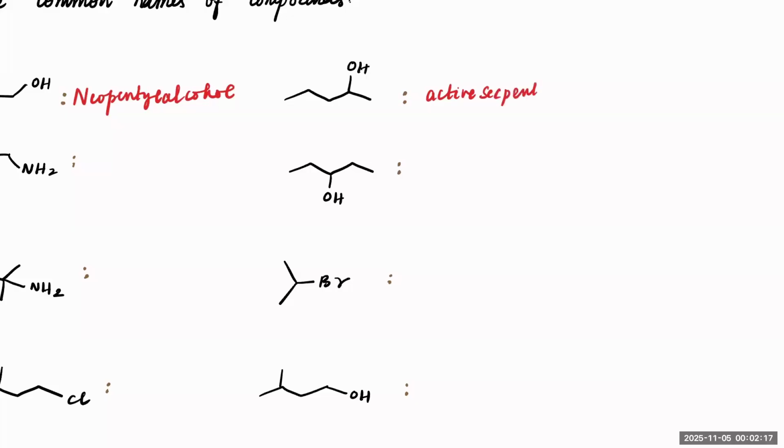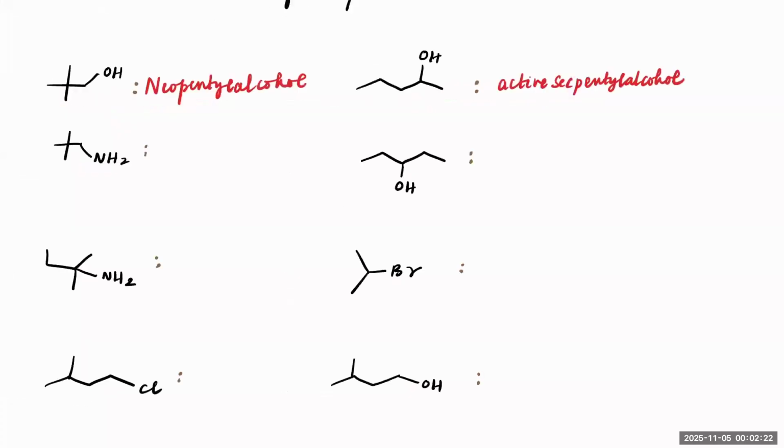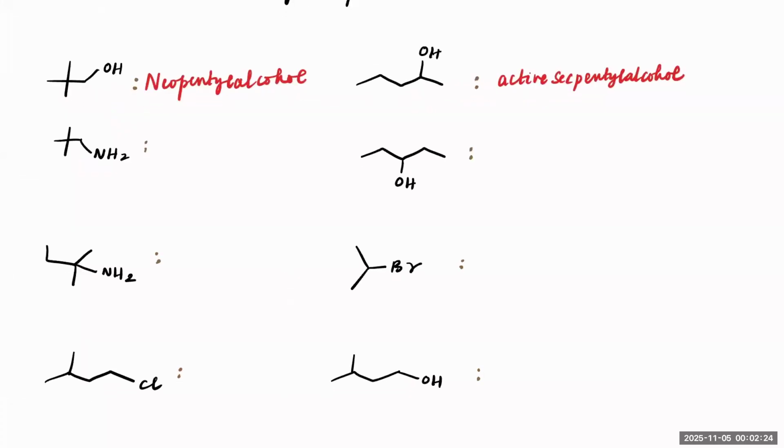Secondary pentyl alcohol. Third one, same thing here. This is also neopentyl amine. Next, this one. Here we have secondary pentyl alcohol because it is a secondary position. So we can call it a secondary pentyl, right? So we have this as secondary pentyl alcohol.